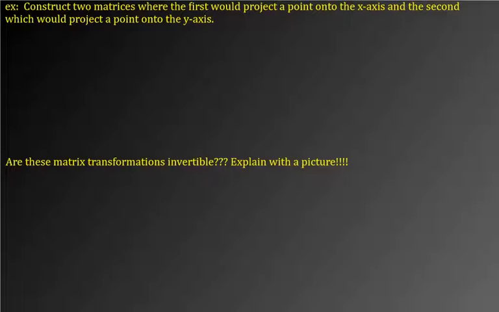So another important thing to be able to do is to construct matrices that do certain things, right? Here I've got the idea of constructing two matrices where the first one would project a point onto the x-axis and the second one would project a point onto the y-axis. You should be stopping the video and thinking about these things when they're posed, but I'm just going to jump into it right now.